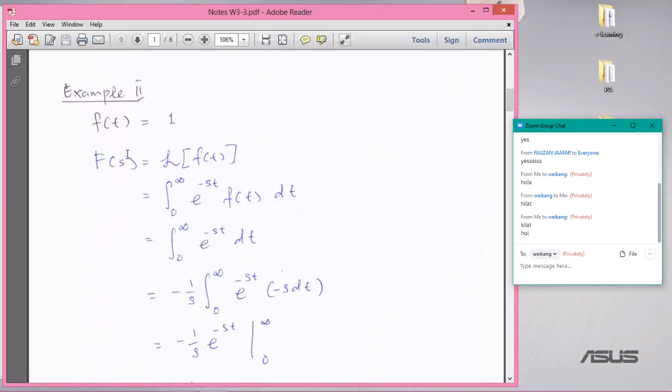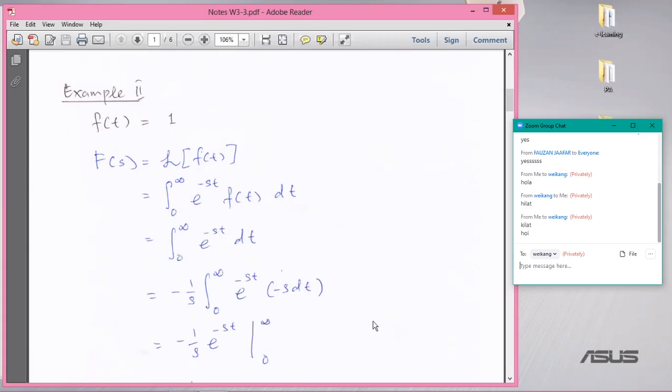So this is our f of t, which is just equal to 1. And this is the definition of Laplace transform. The Laplace transformation of f of t is just the integral from 0 to infinity of e raised to the power of negative st multiplied by the function f of t. But our function f of t is just equal to 1, so that reduces the integral.